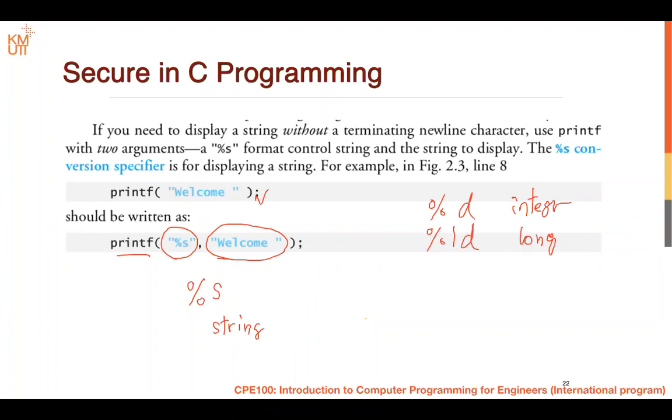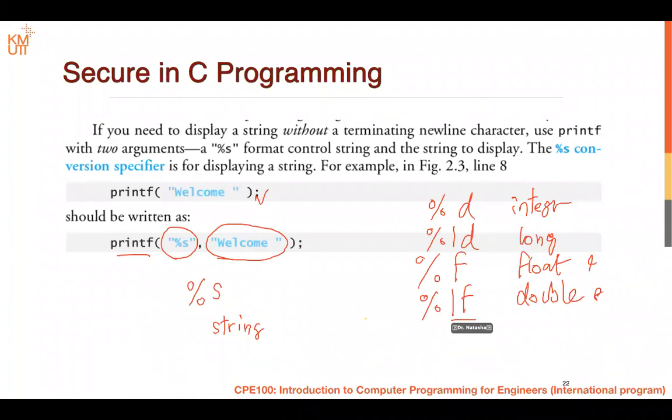If you want to use float or real number, you can use percent sign f for float. If you use percent sign lf, long float, it displays double. As I told you, this is 4 bytes for real number, and this one is 8 bytes for real number. You may have to use lf.